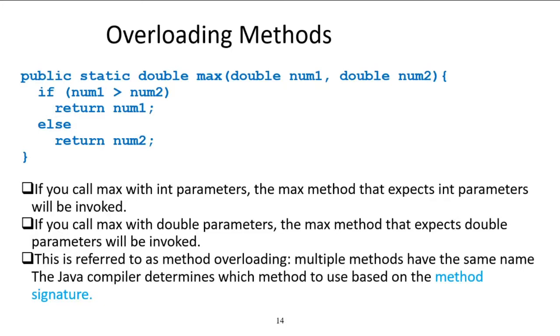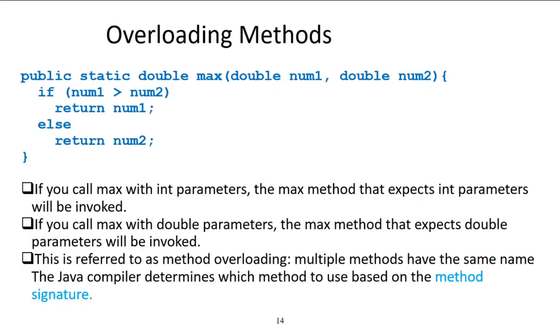Whenever you call the max function with integer parameters, the compiler will know that you're actually meaning to call the max method that takes integer parameters. When you call that function with double parameters, the compiler will know that you're calling the max function with double parameters. So there will be no confusion.